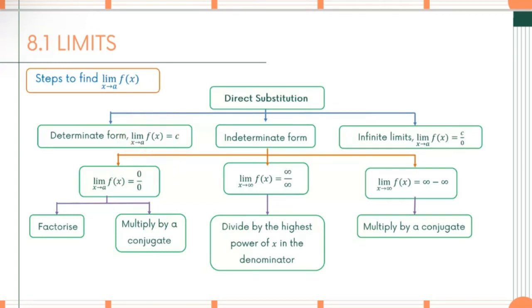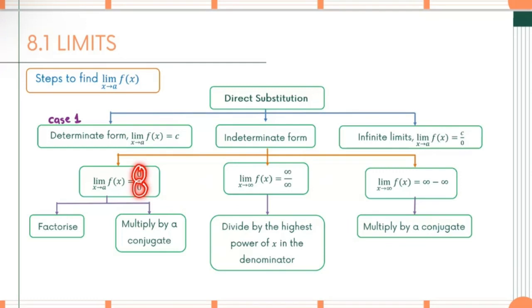Okay, so ini saya akan namakan dia sebagai case yang pertama. Okay, case yang pertama adalah apabila kita buat direct substitution of our x dalam kita punya function, kita terus dapat nilai of the limit. So that is the first case. Okay, case yang kedua apabila kamu direct substitute x into the function and then kamu akan end up dapat kosong over kosong.